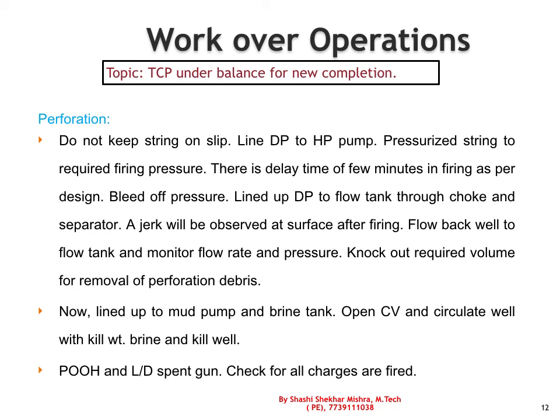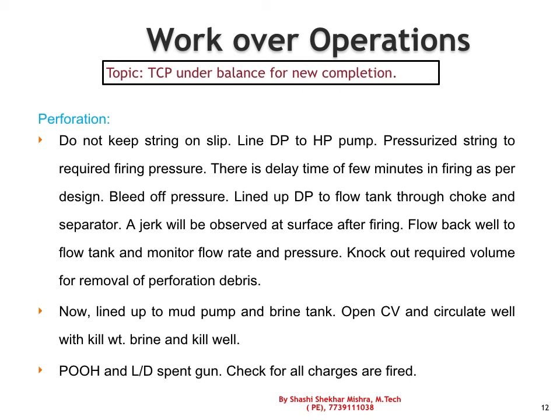After we achieve the firing pressure, we pressurize the drill pipe, and this drill pipe is open to the annulus below the packer through the ported debris sub, and the firing head gets energized with the annulus pressure.